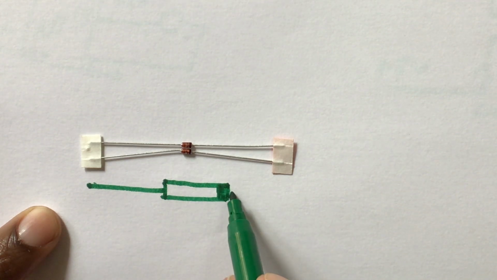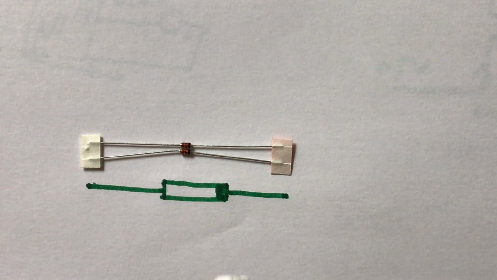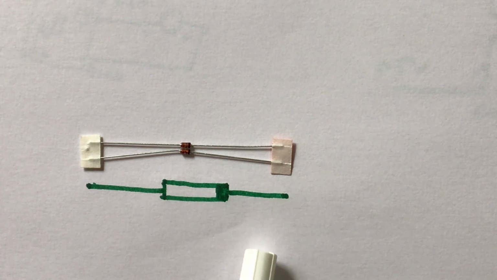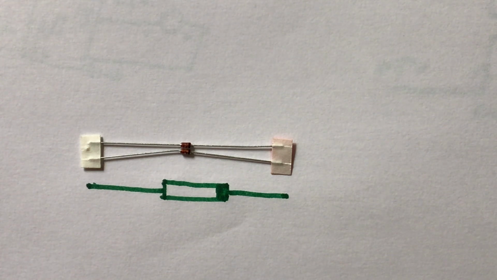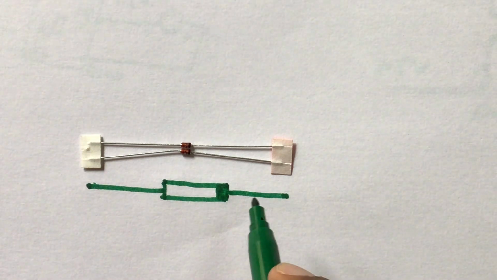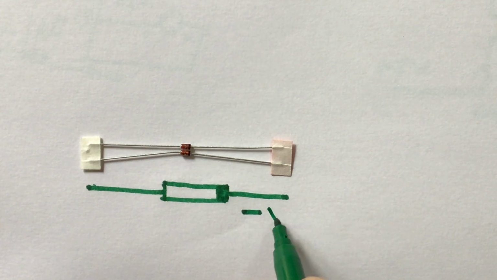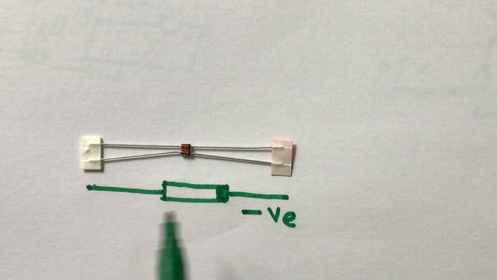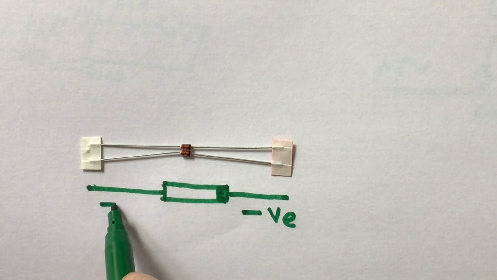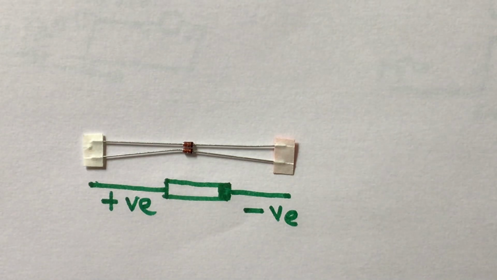So what is this band at the end? This band at the end is the negative side of the diode. Anywhere you see the band, that will always be the negative side of the diode, and this other side therefore will automatically become the positive side of the diode.